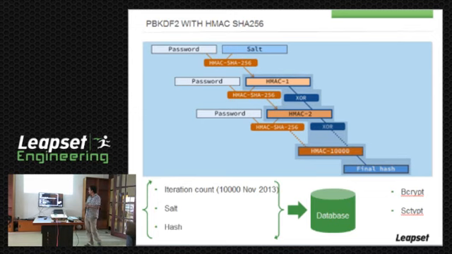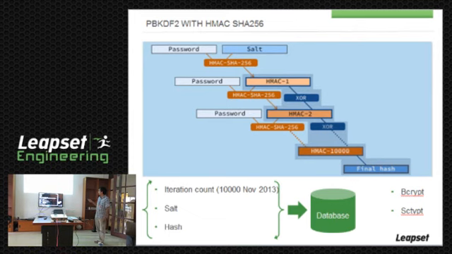What it does is it takes our password and the salt, and sends it through this HMAC SHA256. SHA256 is a hashing function. HMAC means hash-based message authentication code. This mixes up the password and the salt.